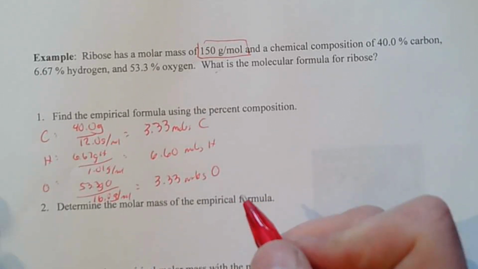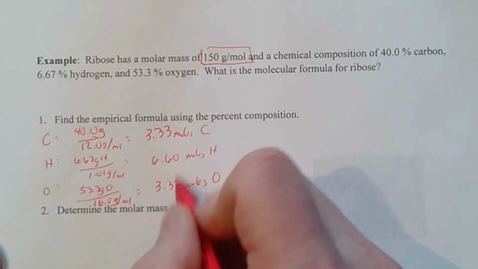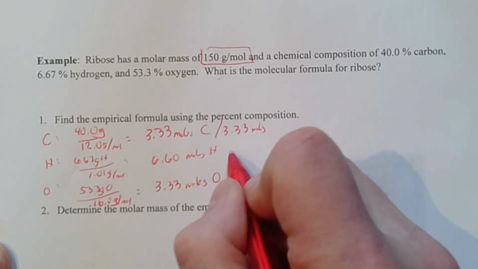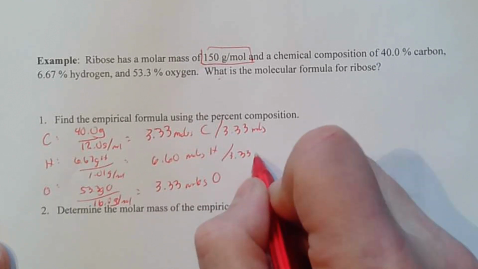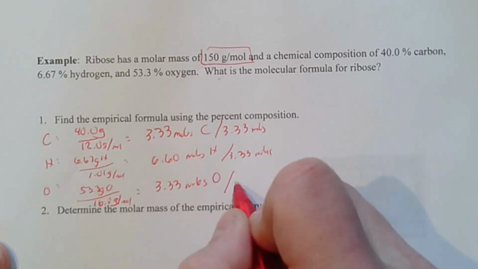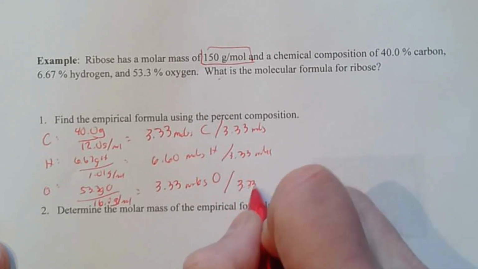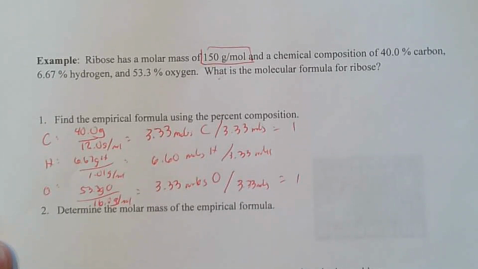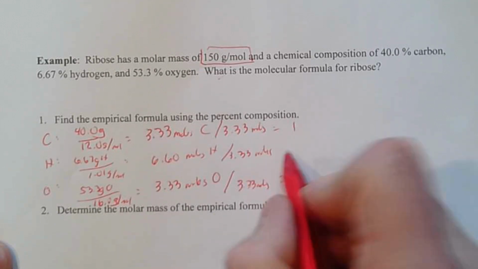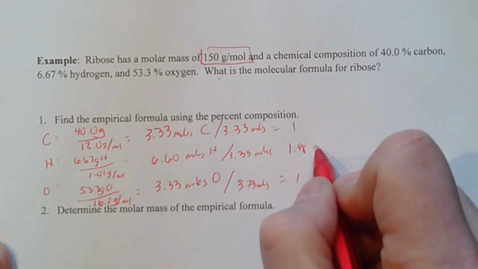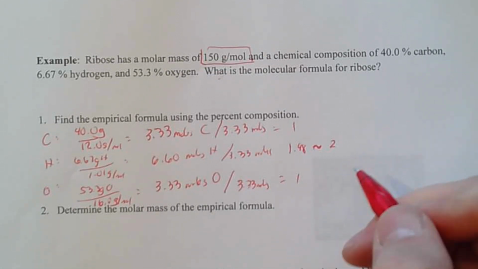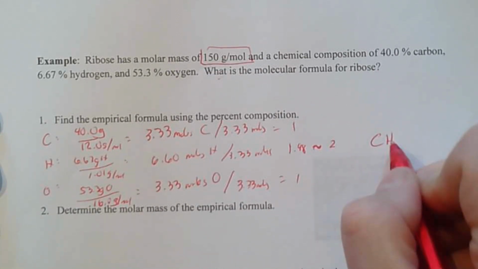Now we've got to divide by the smallest value, which happens to be shared by carbon and oxygen. So we're going to divide everything by 3.33. So that's a 1. This is a 1. This comes out to be 1.98, which is close enough that we could just make it a 2. So the empirical formula is CH2O.